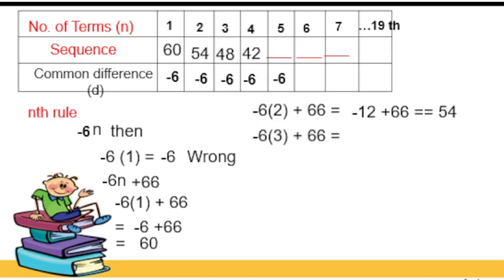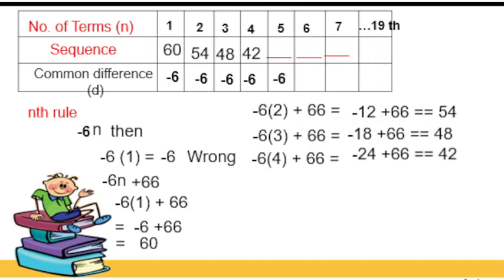You have negative 6 times 3 plus 66 is equal to negative 18 plus 66 is 48, correct? And then negative 6 times 4, the fourth position, plus 66 is equal to negative 24 plus 66 is equal to 42.